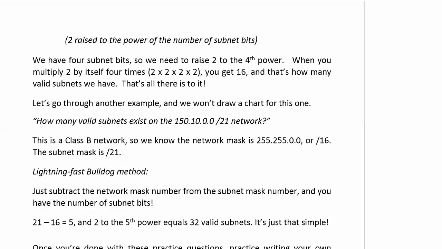Just subtract the network mask number from the subnet mask number, and you have the number of subnet bits. You don't have to draw out a thing. All you got to do here is subtract 16 from 21. That's all there is to it. That gives you your number of subnet bits. It does not give you the number of valid subnets. It gives you the number of subnet bits, and then all you got to do is bring 2 up to that power. So 2 to the 5th power, 32 valid subnets, you're done.